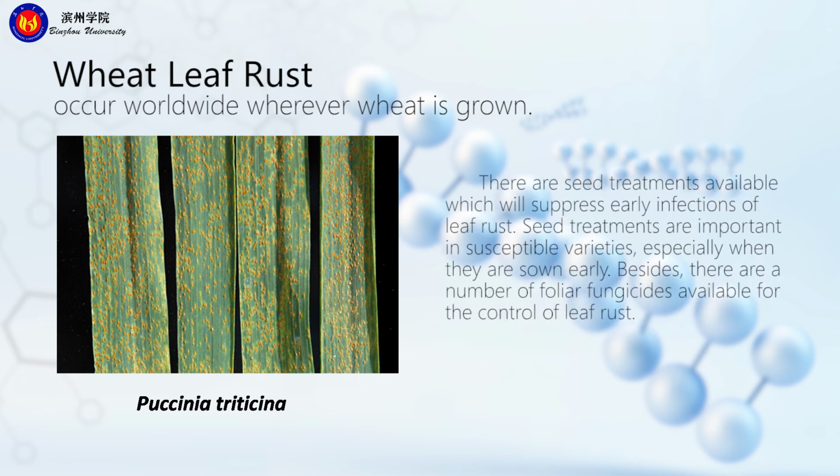There are seed treatments available which will suppress early infections of leaf rust. Seed treatments are important in susceptible varieties, especially when they are sown early. Besides, there are a number of foliar fungicides available for the control of the leaf rust.